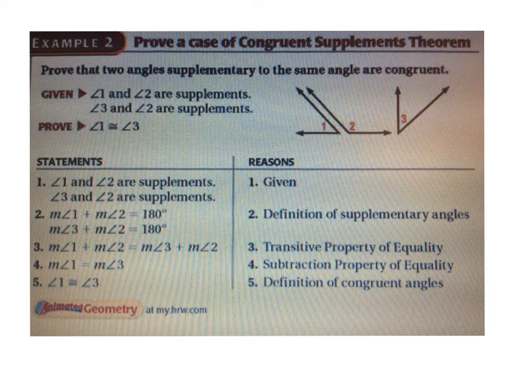That gives you the measure of angle 1 equals the measure of angle 3. So again, that's just subtraction, the subtraction property of equality. And if the measure of angle 1 equals the measure of angle 3, then angle 1 is congruent to angle 3, once again by definition of congruent angles this time.